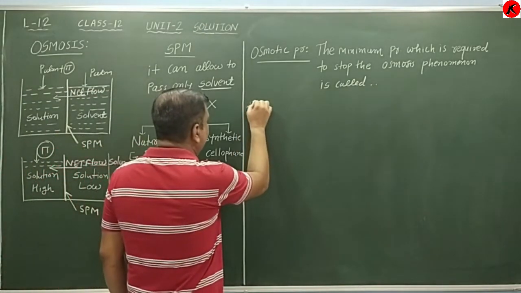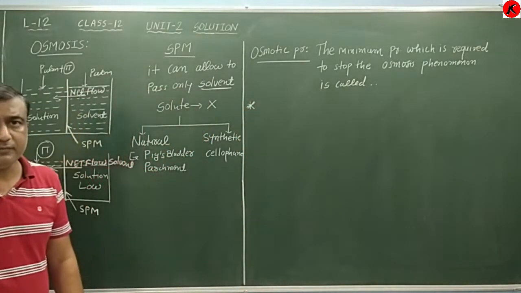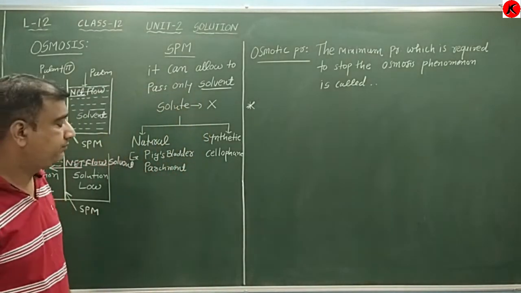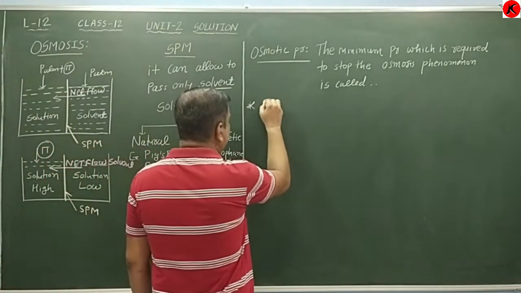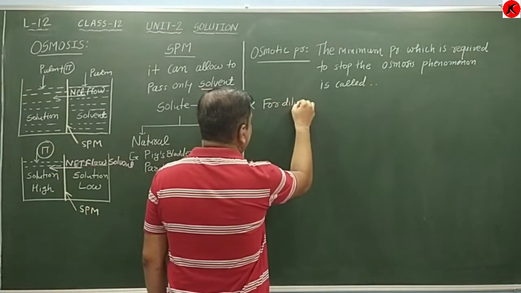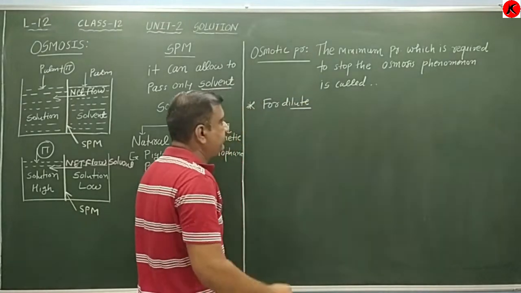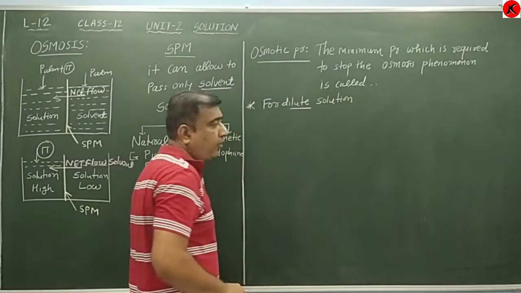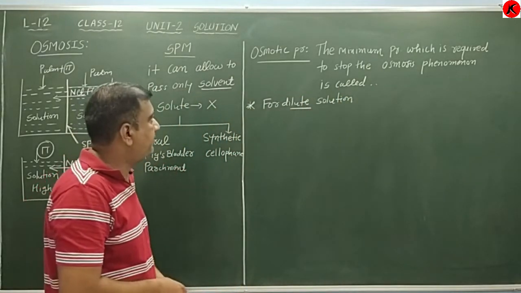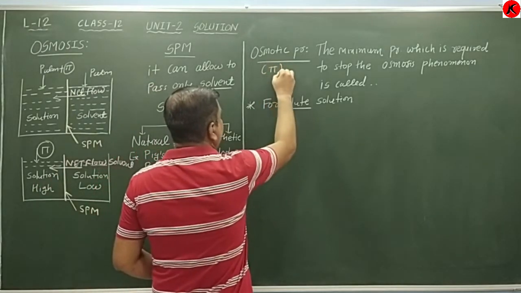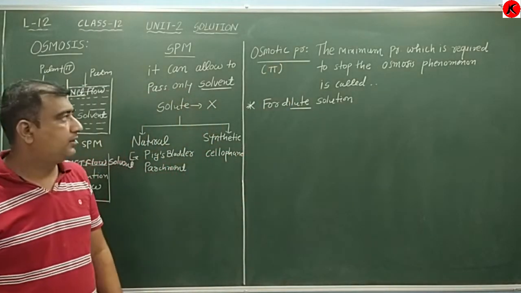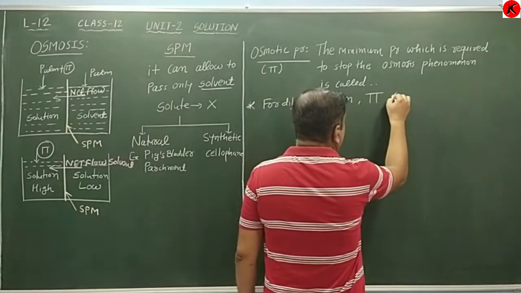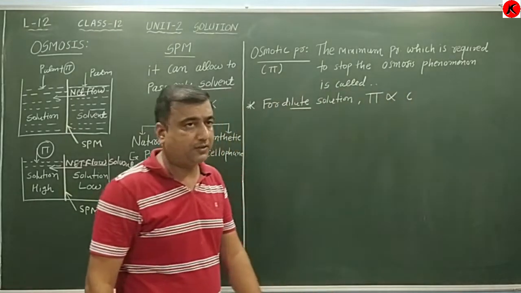Now, how to calculate osmotic pressure? The experimental result shows that for a dilute solution, the osmotic pressure, having symbol pi, is proportional to its molar concentration.